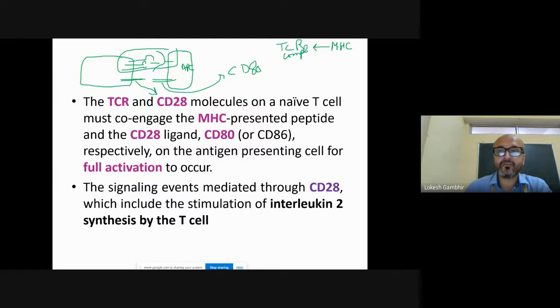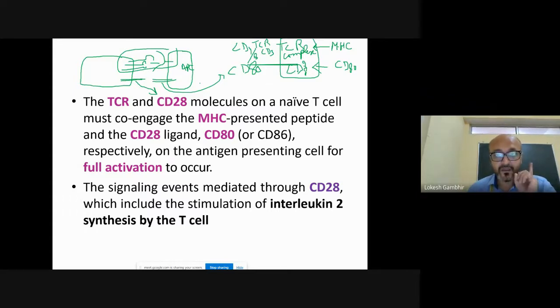Now in that complex we had discussed T cell receptor, we had discussed CD3, we also talked about CD4 or CD8 depending upon what type of T cell is there. The second interaction that we are talking about is CD80 along with CD28 present on the T cell. So that is the scenario that you should always remember.